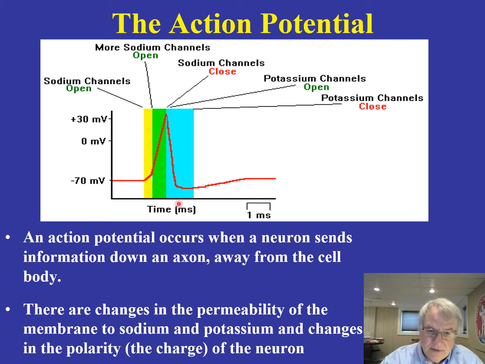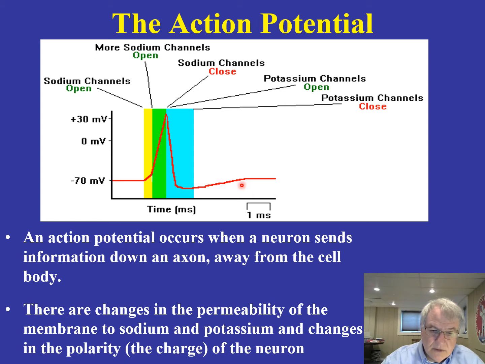Once it reaches this point of about plus 30 millivolts, then it's going to go down to a more negative state, and then eventually it's going to become back to its resting state of minus 70 millivolts.